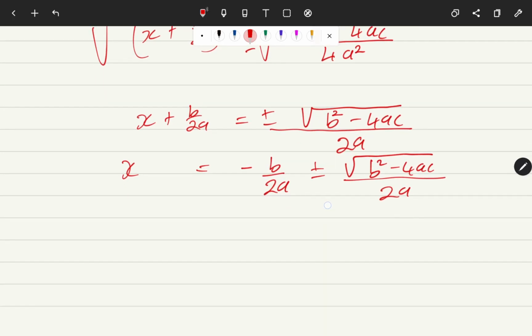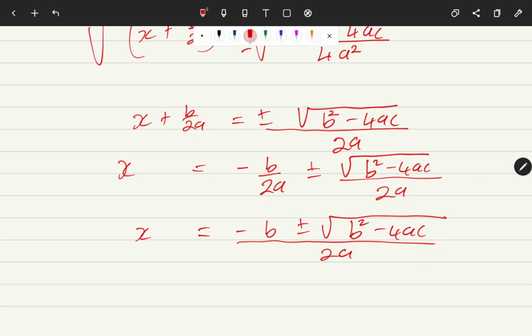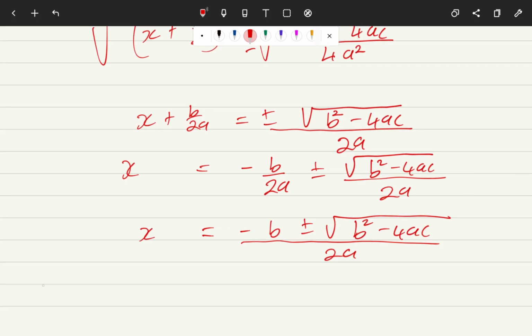The nicest thing here is that your denominators are the same, which is 2a, so you can just say you have minus b plus or minus the square root of b squared minus 4ac, then 2a. So that is how you solve this, and this right here is your quadratic formula, right? You can even maybe just say you have x equals what?